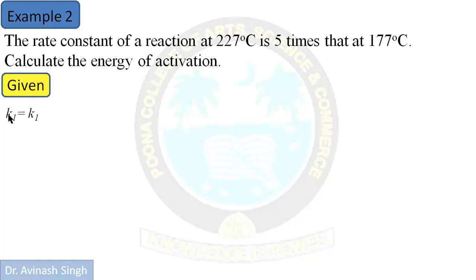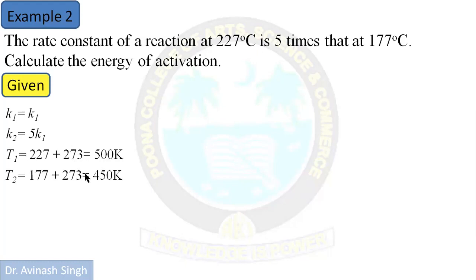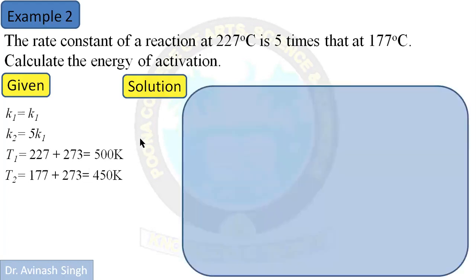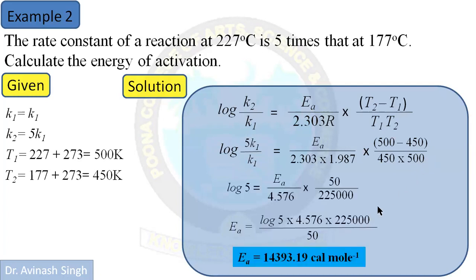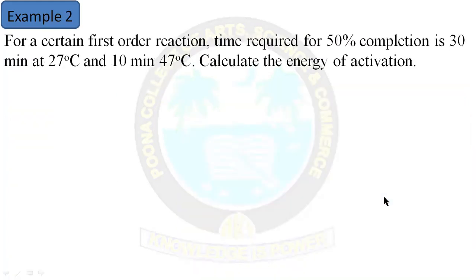So if we assume that K1 is K1, K2 should be 5K1. Rest is the same, temperature is converted into Kelvin by adding 273. And in the solution, instead of K2, we will write 5K1 and K1 appears as such. And rest is the same as in your last example. The solution will give you the answer of energy of activation.